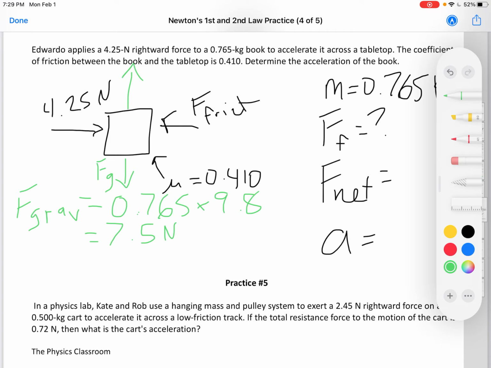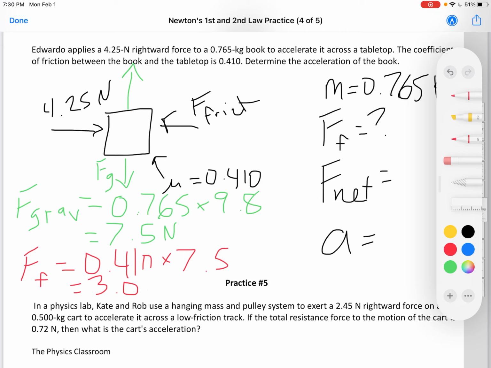So now we can take the force of gravity and multiply it by our coefficient of friction to get our force of friction. I'm just going to put FF. 0.410 times 7.5 is going to be 3.07.